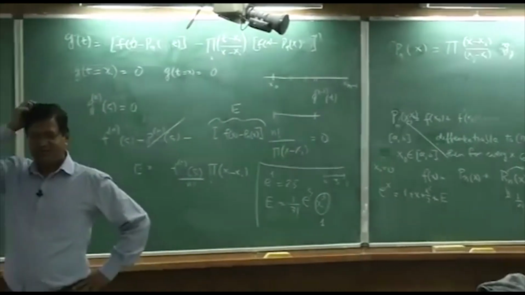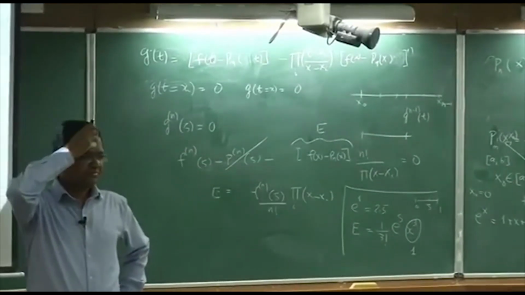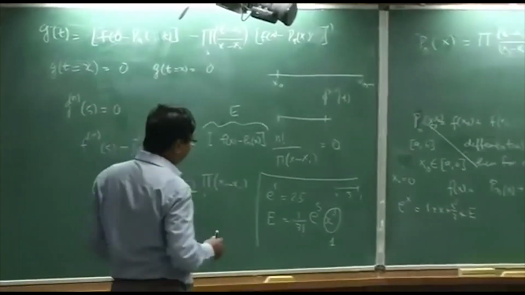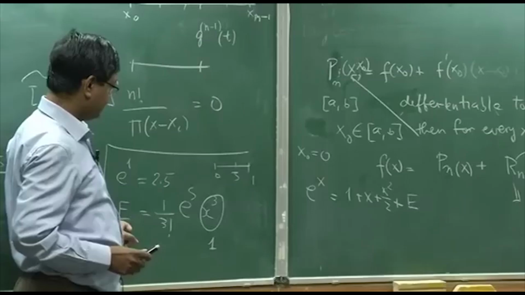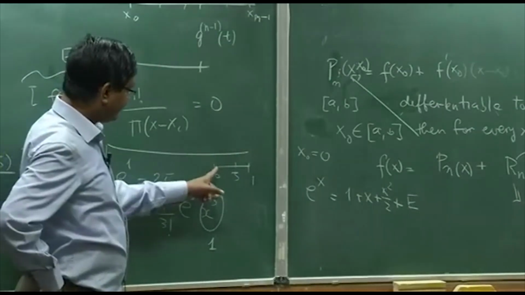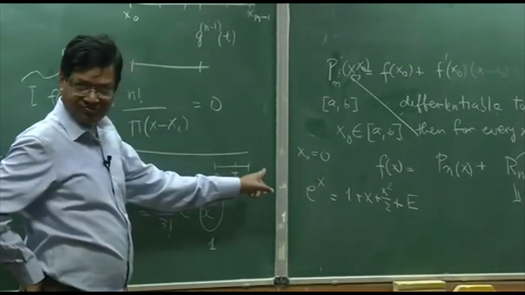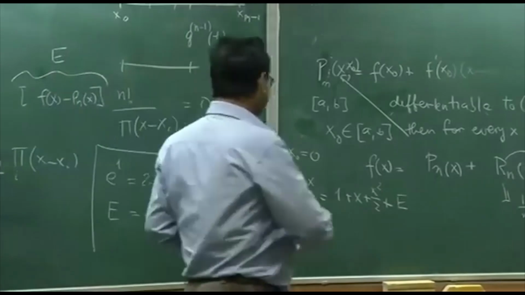So, what should I do with it? I make a bound on this. What is the maximum value of e? Well, zeta could be close to 0 or close to 1, anywhere. So, I have to just estimate from here.